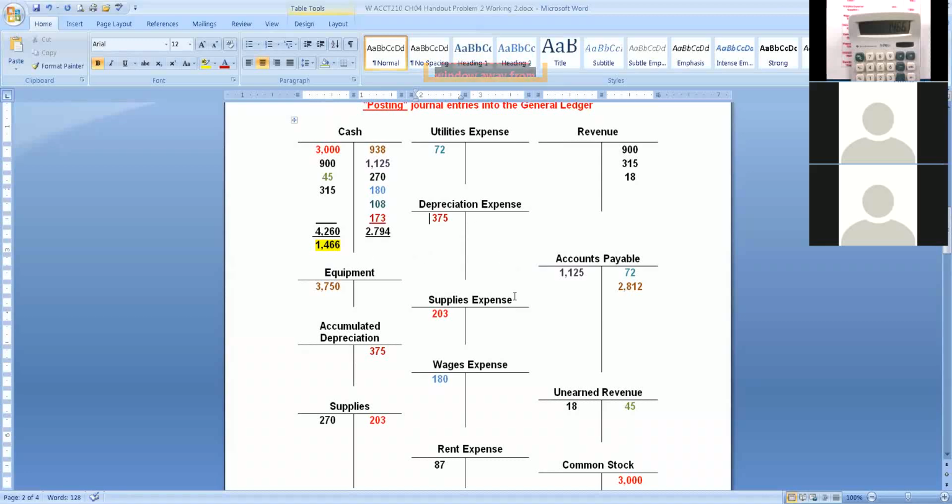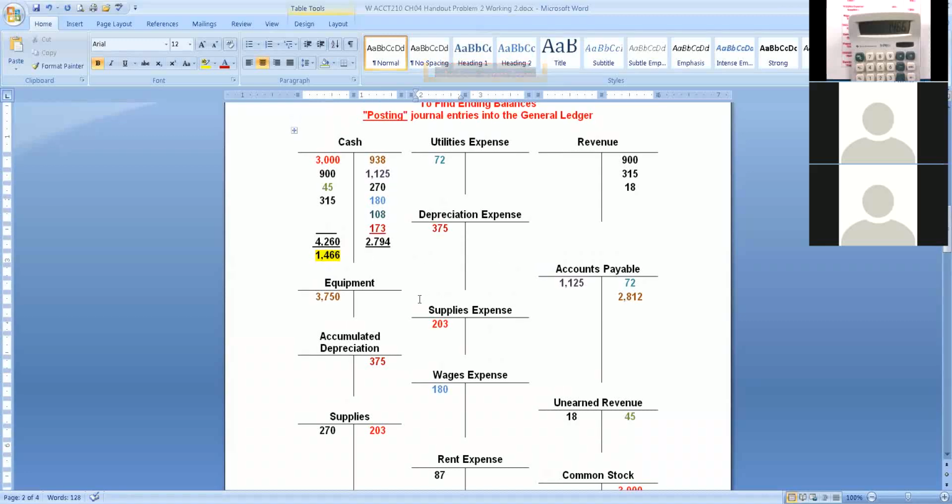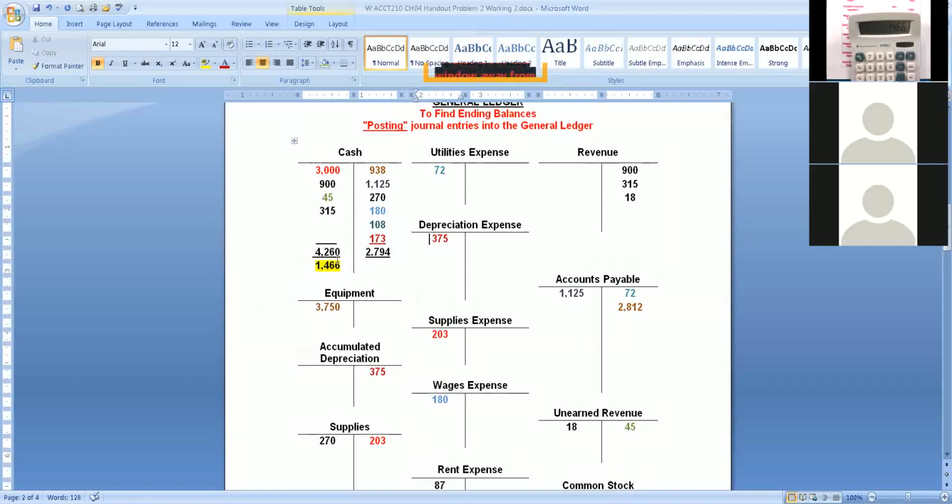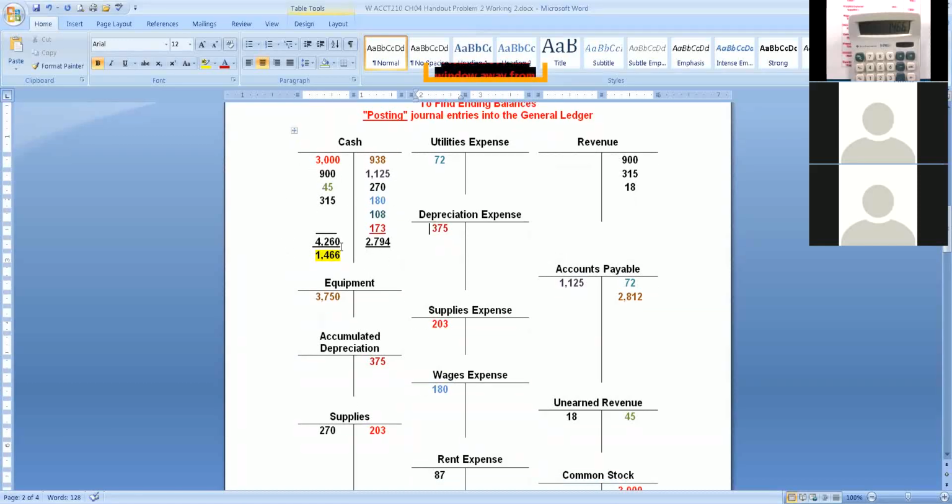How much cash do we have? We have $1,466 in cash. So that's the ending balance in that account. And cash usually does have a lot more stuff running through it. If you mess up on an account, it's probably going to be this one, just because there's more chances for things to go wrong.